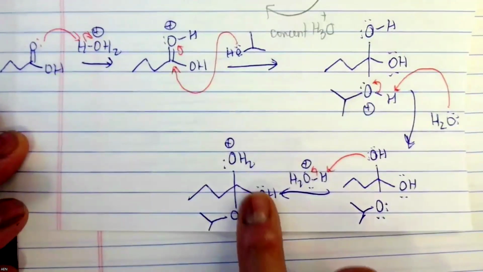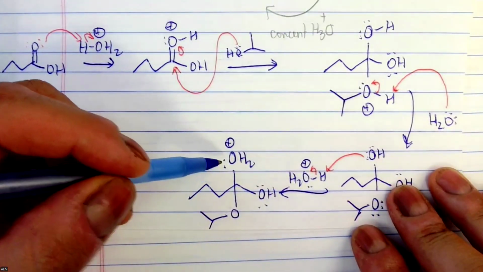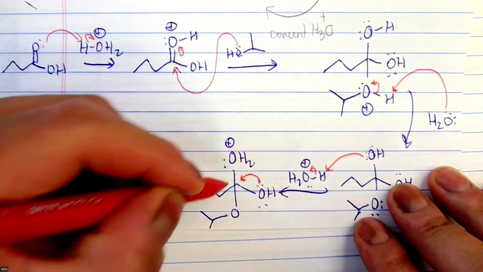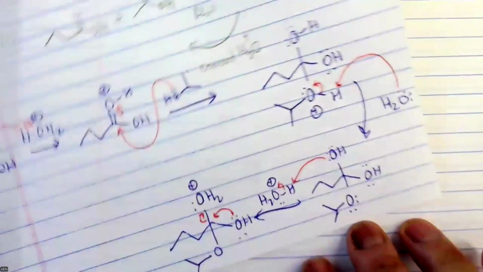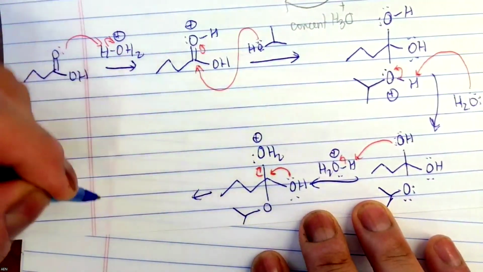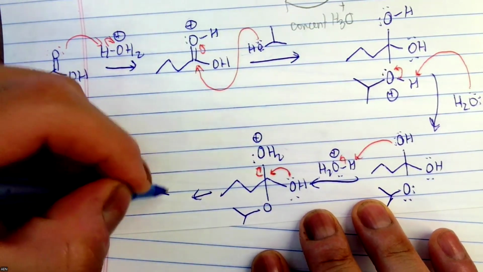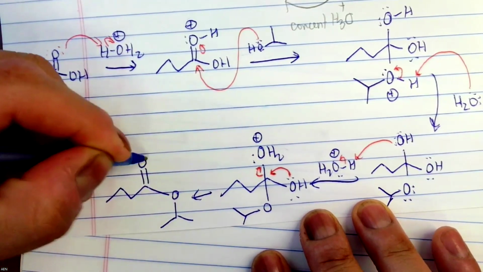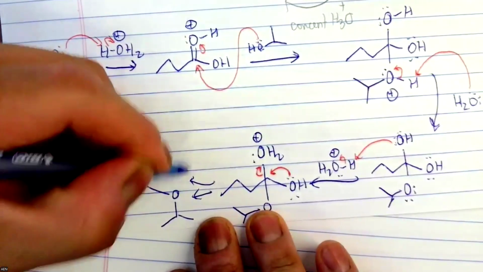Okay. Now this is a good leaving group, right? Because now it's protonated. So who is going to help me lose that? Well, you have to bring electrons down. So this one will come down and this one gets lost. That's where the substitution occurs. This is the Fischer esterification. And then I lose water.